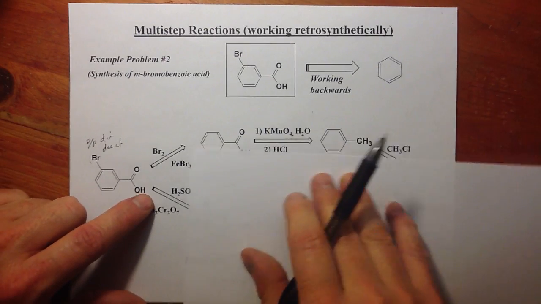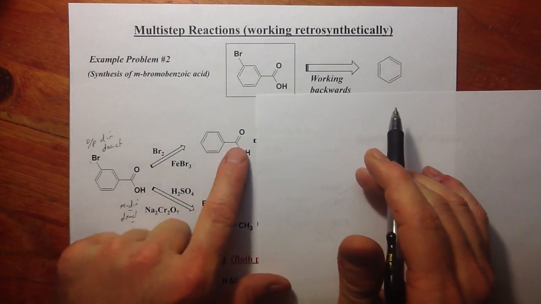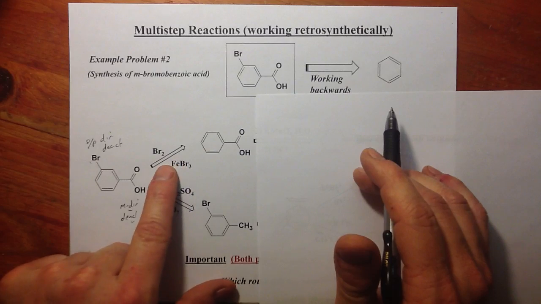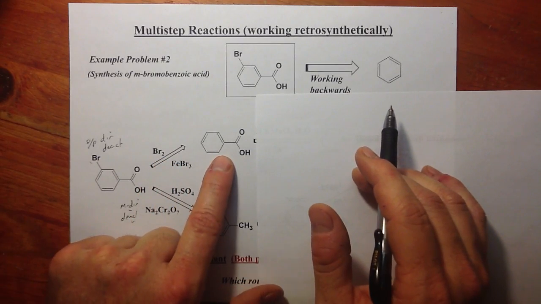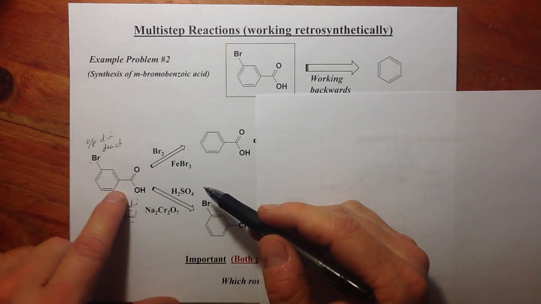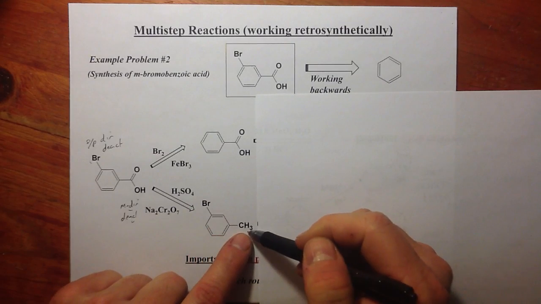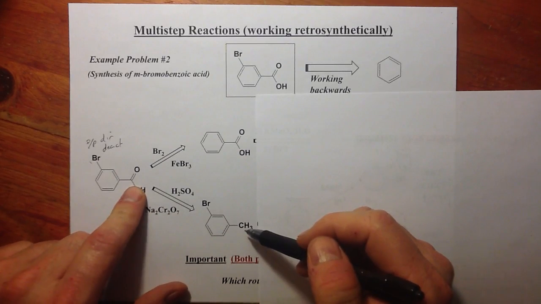We're going to start proposing this backward action. I could say I could have had my last reaction be bromination using Br2 and FeBr3 if I have benzoic acid. Now, along with that, we could also consider our last step to have been this oxidation of the methyl group to the carboxylic acid.